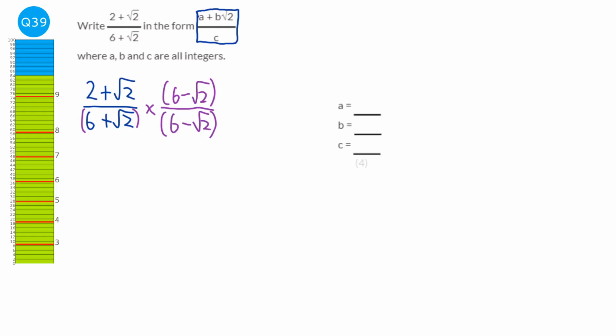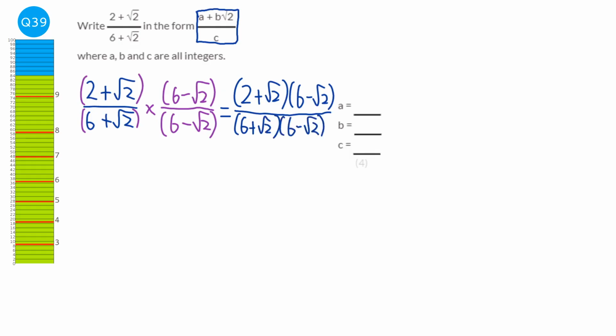Okay? And when we do that, we can imagine that there's going to be brackets at the top as well. We've got 2 plus root 2 and 6 minus root 2 at the top, and then we've got the 6 plus root 2 and the 6 minus root 2.